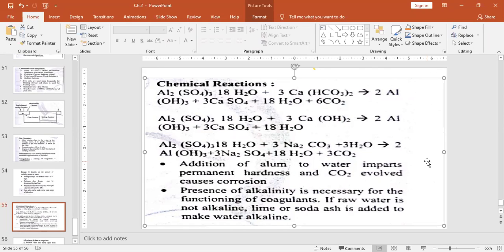When you add the coagulant, it starts reacting and converting into precipitate. So calcium carbonate precipitate and sodium carbonate precipitate will form, and this precipitate can be settled down.